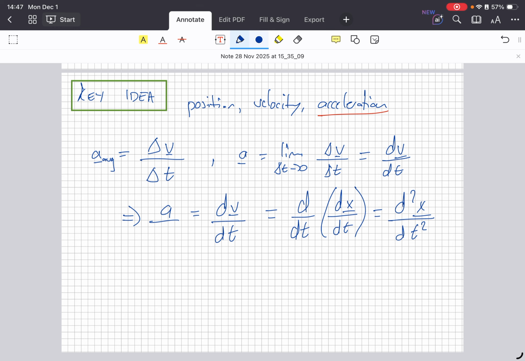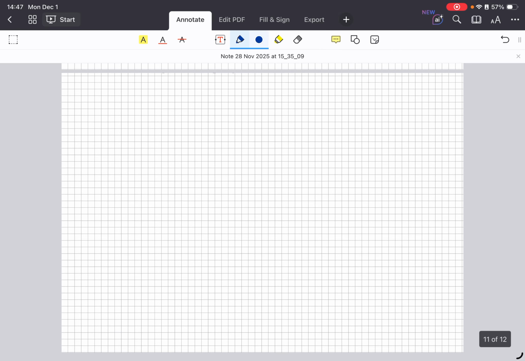As we'll see in tomorrow's lecture, this leads us to a useful kind of flow chart. If we think of position, velocity, and acceleration as our three key quantities concerning kinematic motion, what we actually measure is the position, of a particle or a car or a person, a vehicle.